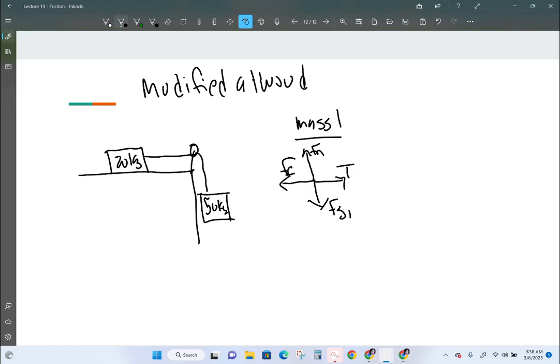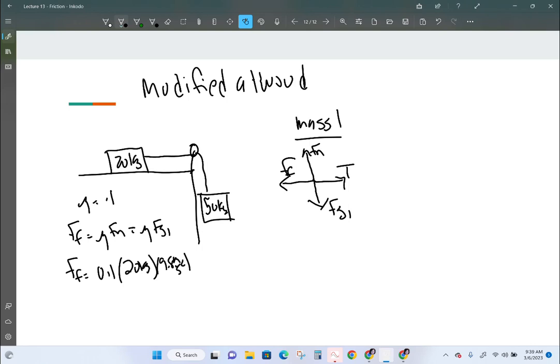So if mu is 0.1, okay, then FF is going to be mu Fn, and Fn is just equal to Fg1, right? So that's going to be 0.1 times the mass of 20 kilograms times 9.8 meters per second squared.